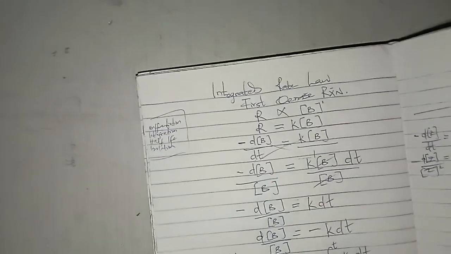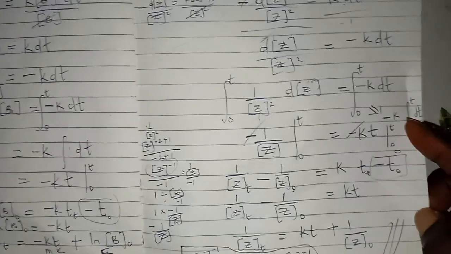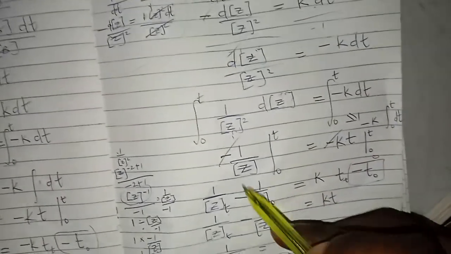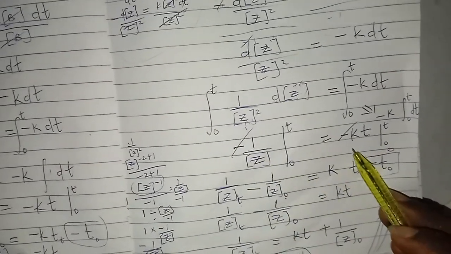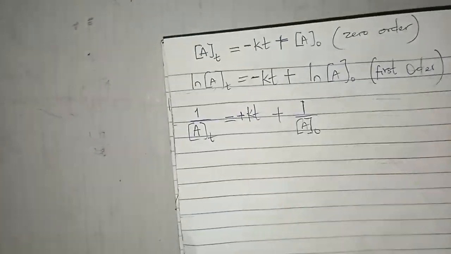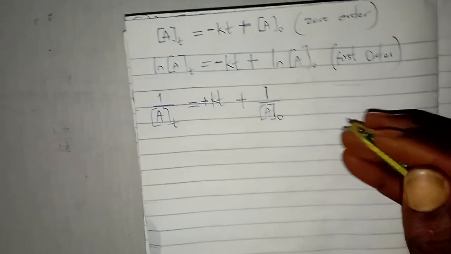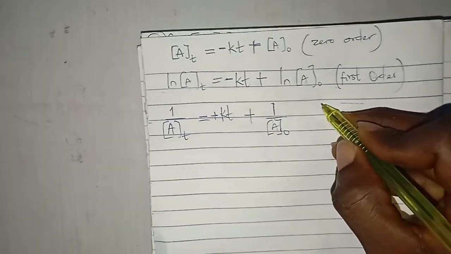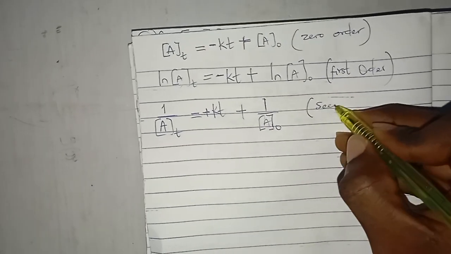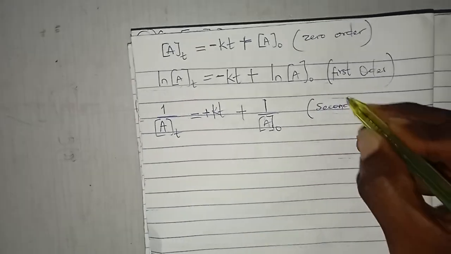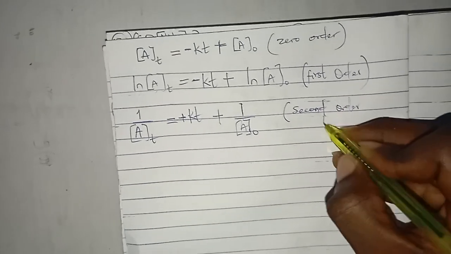For what we did here, the minus on this side eliminated the minus on this side, so then it will have plus. That's just the difference. So this is for second order reaction.